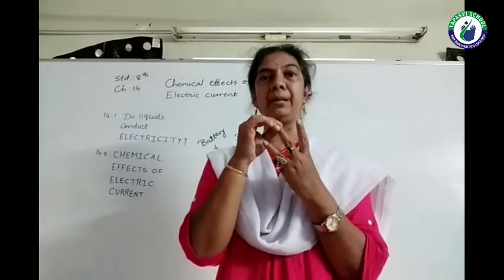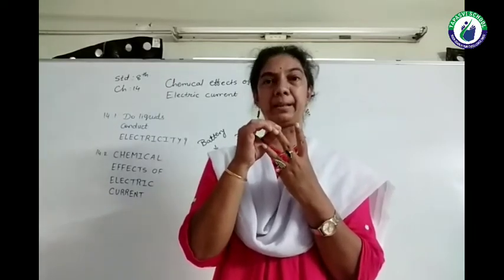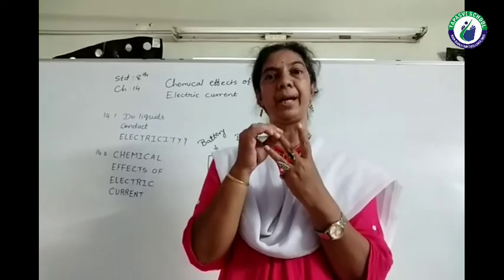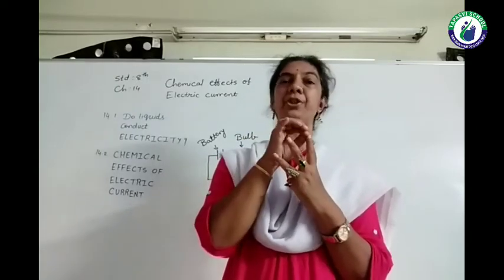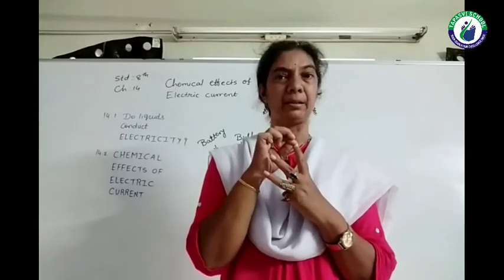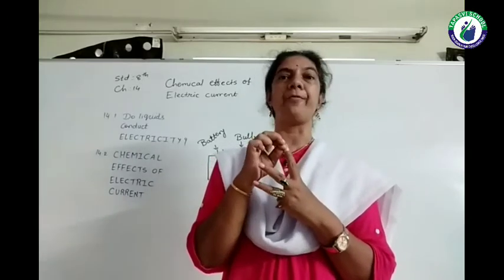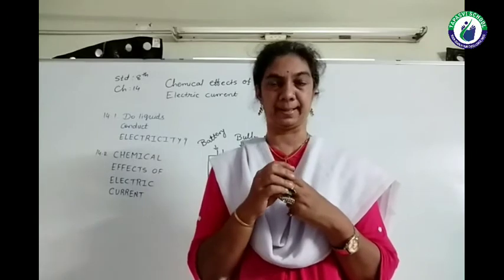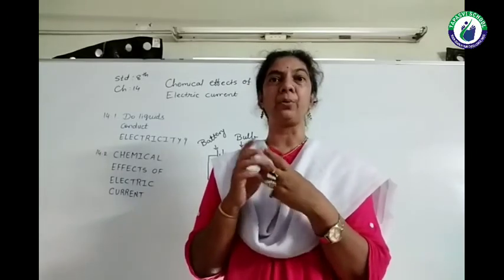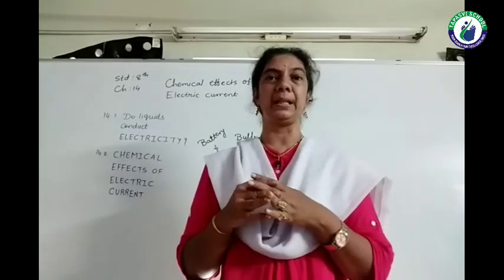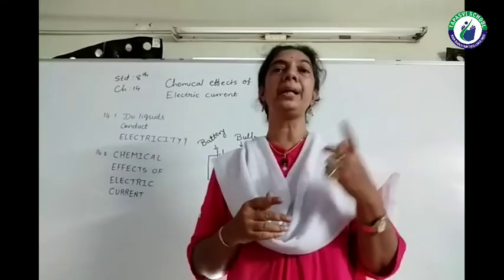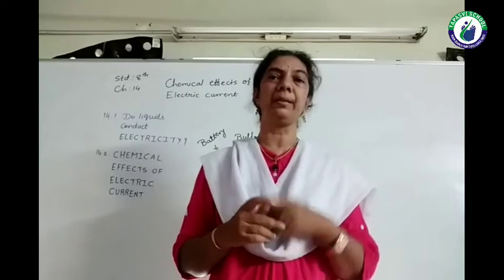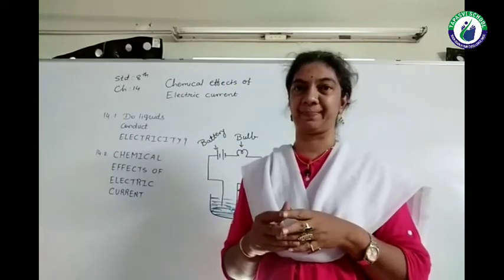Second, the chemical effect of electric current. And third, which you will learn in standard 10th, the magnetic effect of electric current. The induction cookware we see in the market nowadays works on the magnetic effect of electric current, which we will discuss afterwards.